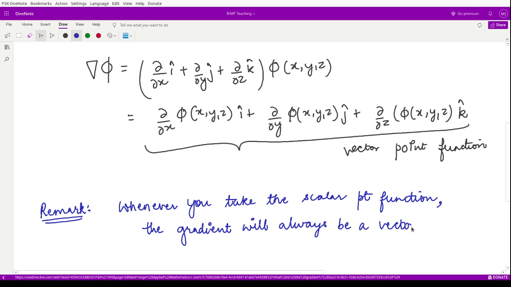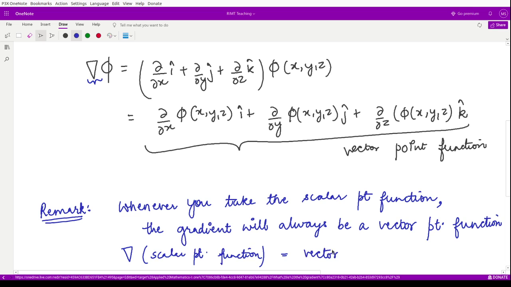This is simple. So now you could see this operator del as an operator where you input some scalar point function, and in the output you obtain a vector point function.